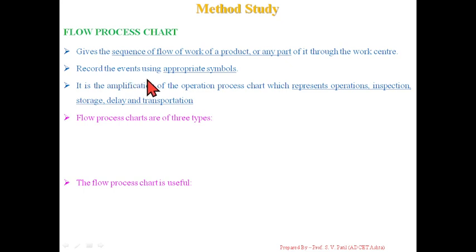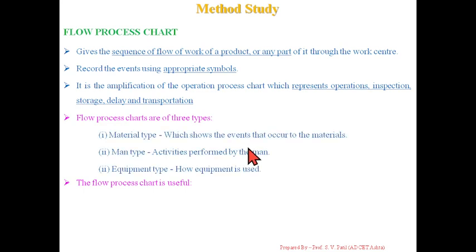Already that part is discussed in the previous lecture. Here we are supposed to record events like operations, inspection, storage, delay, transportation, etc., and for that purpose the respective Therbligs or symbols are used.